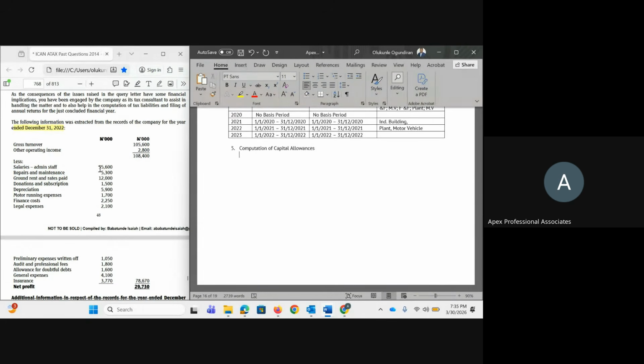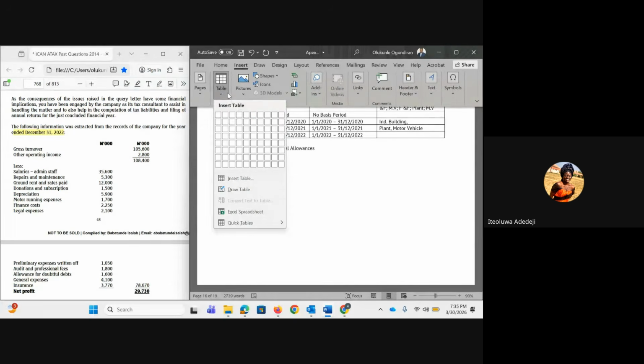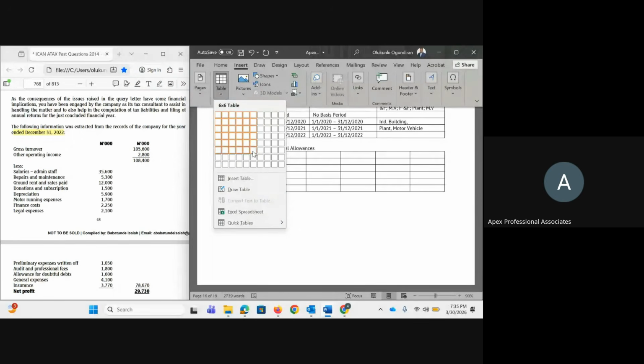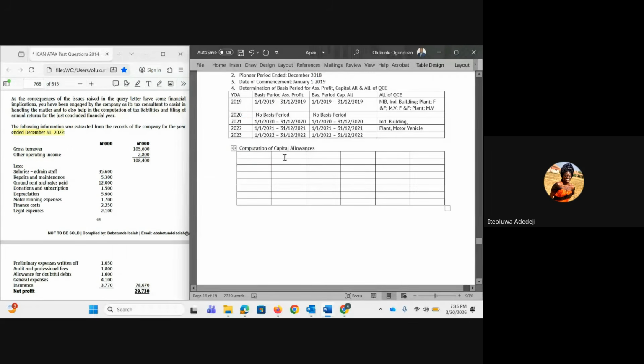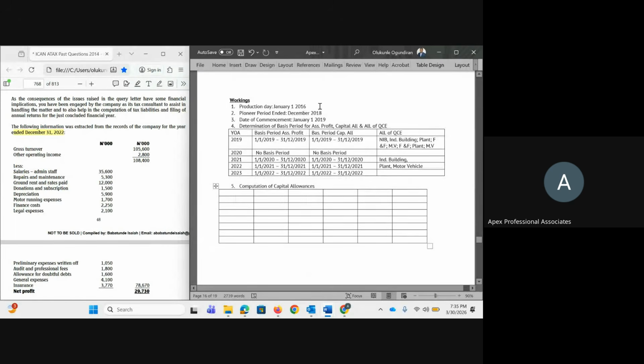If it is profits you are given in the pioneer period, we do not calculate. But 2022 is not part of the pioneer period. The pioneer period is between 2016 and 2018.